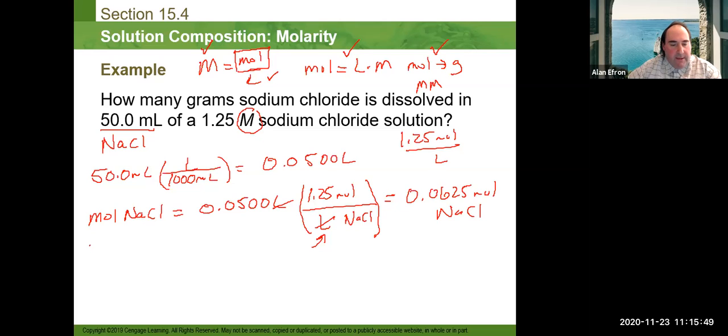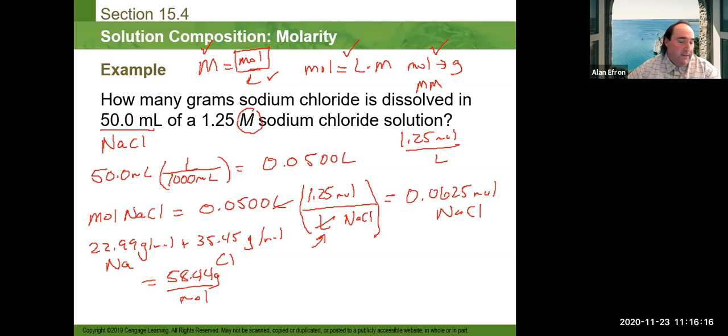If we look up there, we've got 22.99 grams per mole for our sodium, plus 35.45 grams per mole for our chloride. If we add that together, we end up with 22.99 plus 35.45, 58.44 grams per mole.